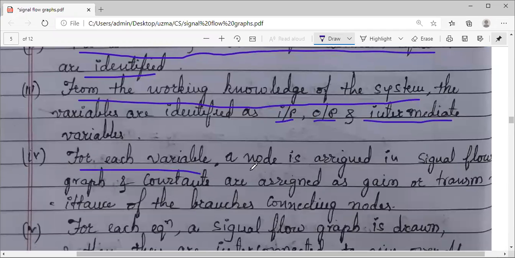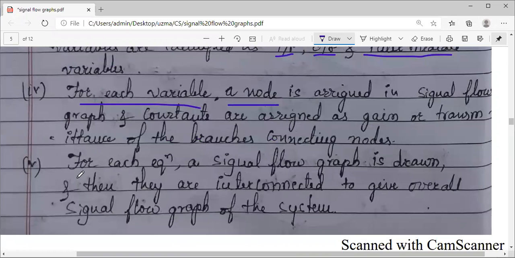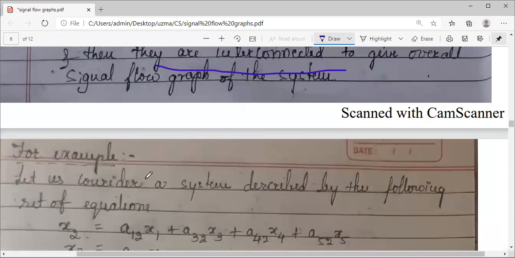Then for each variable we take one node, and for each equation, for example, if some 4 equations are given to you in the question, 4 signal flow graphs you have to draw, one for each equation. So total 4 signal flow graphs you will draw. And finally, for the entire system, you interconnect all those 4 subgraphs you have drawn. If you take all together and club them, then the entire overall signal flow graph you will get. So with this procedure, let us take one example.